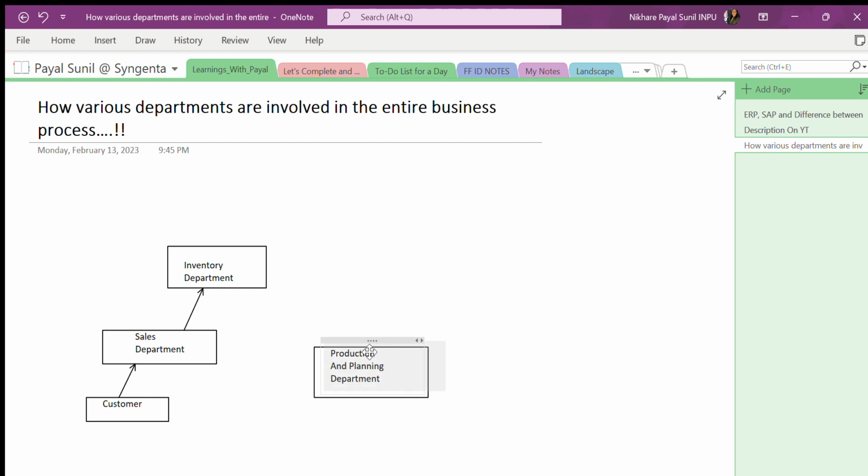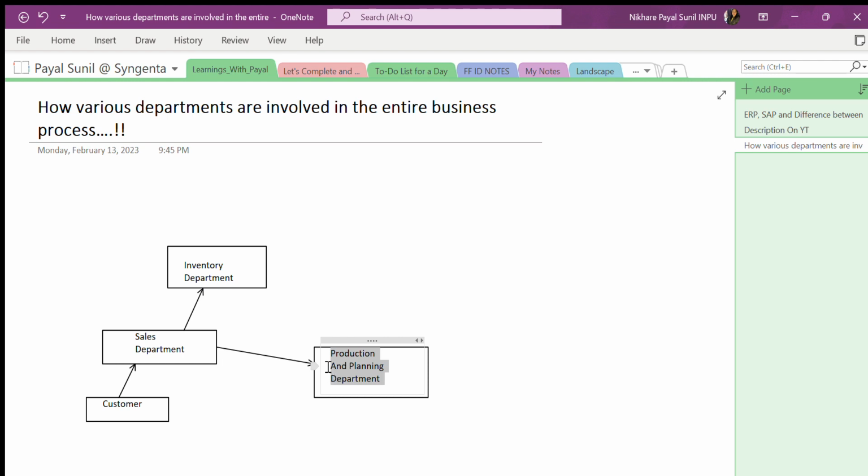Let's assume that the product is not available. In that scenario, the sales department will contact the production and planning department and ask it to manufacture that product, since it is not available.